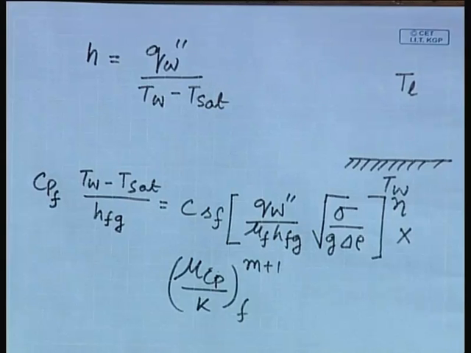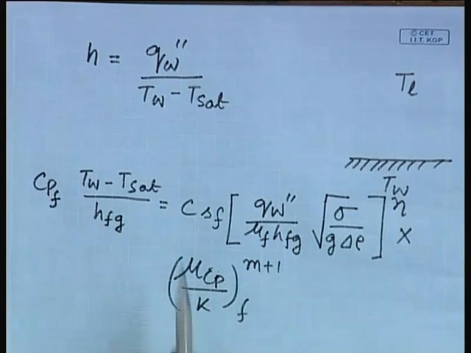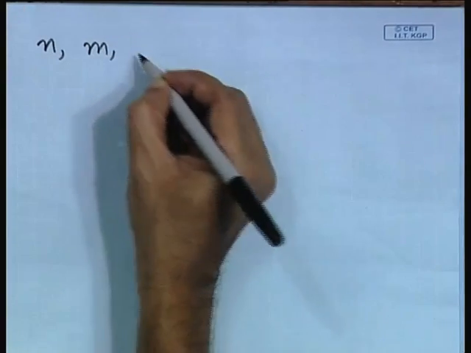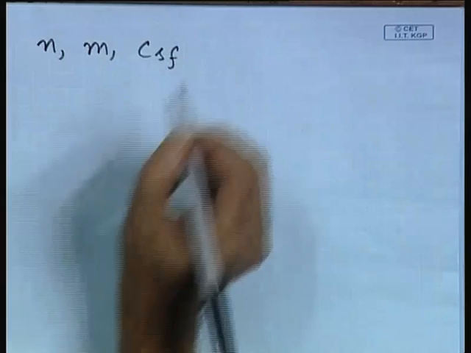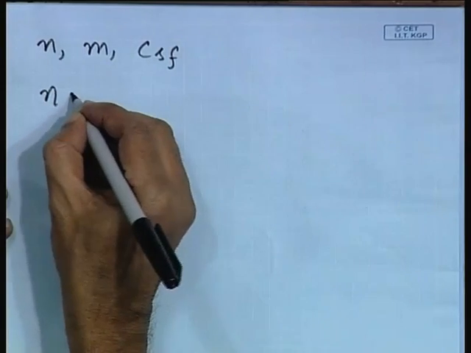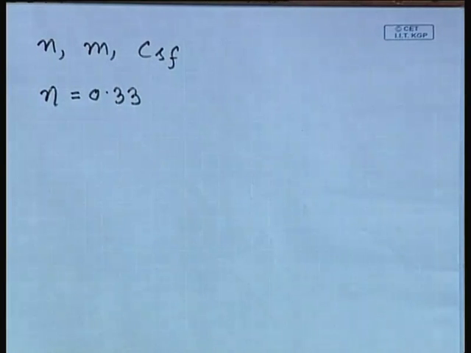Okay. And the unknown quantities in this particular equation are N, M and CSF. So, these three factors are very important: N, M and CSF. Now, N is typically taken as 0.33.